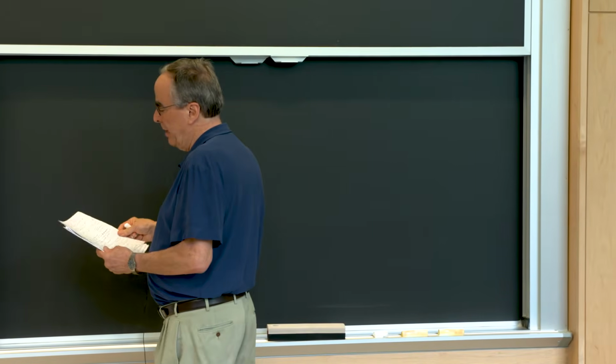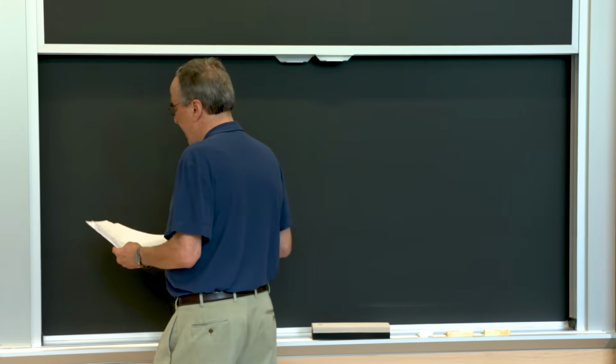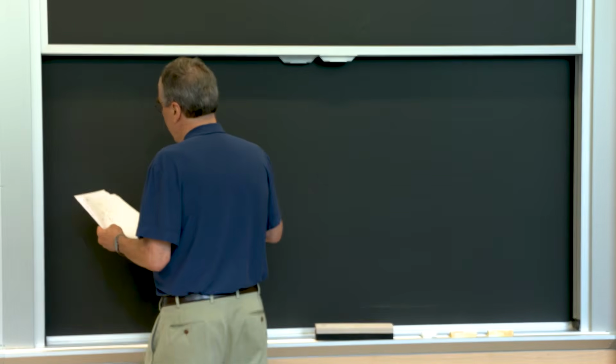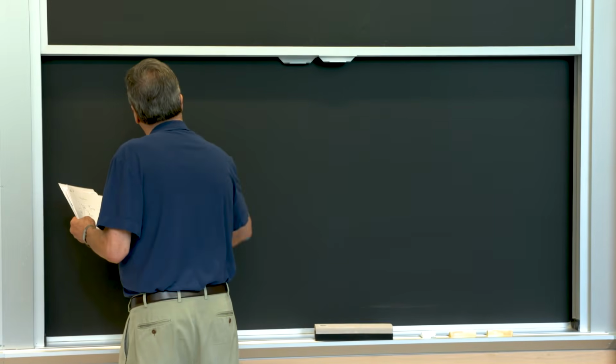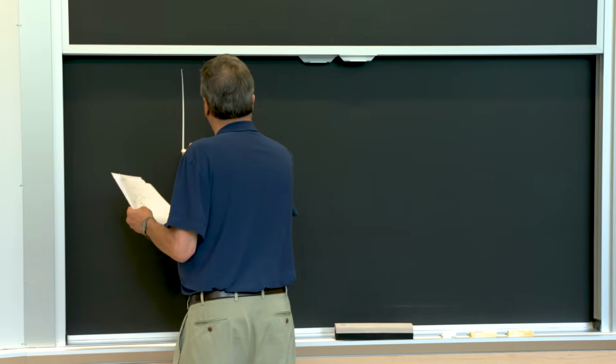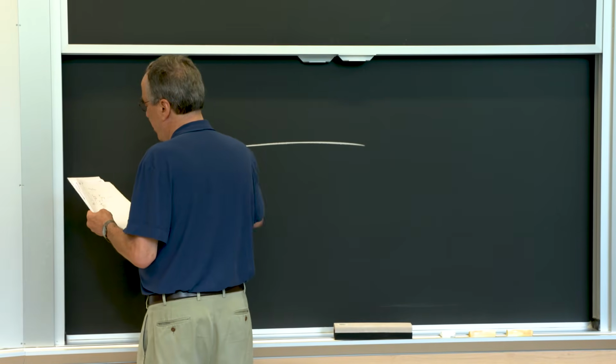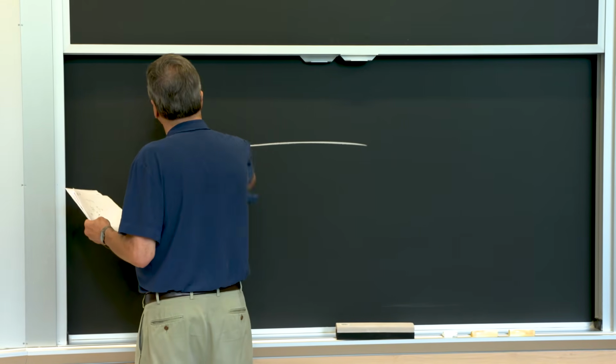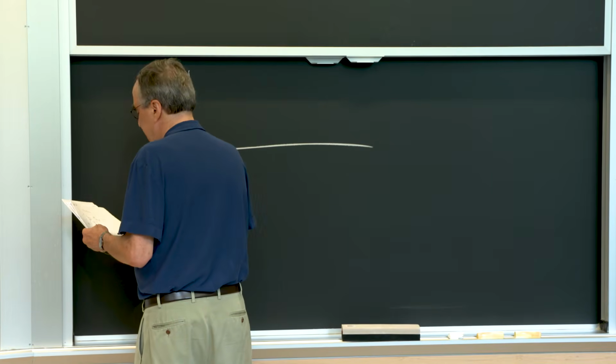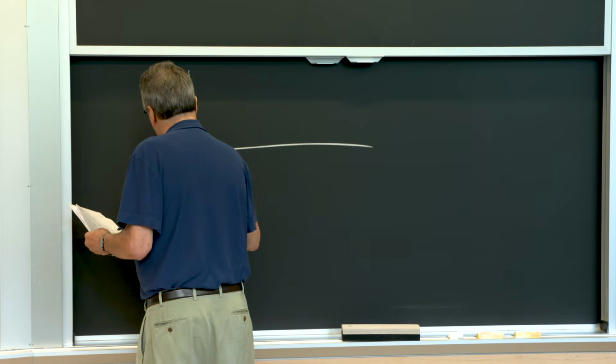And so we can draw an energy level diagram. So here's 0, and here, so this is energy, and this is minus the work function.